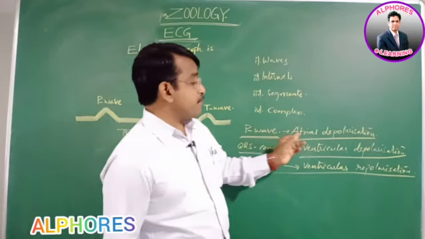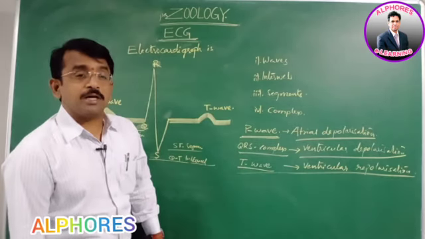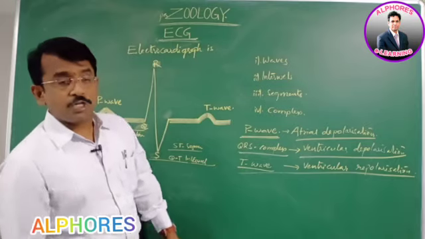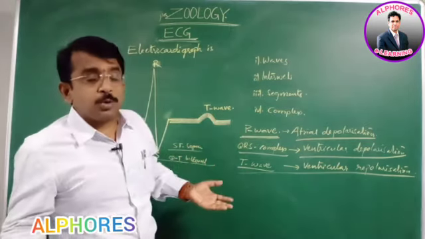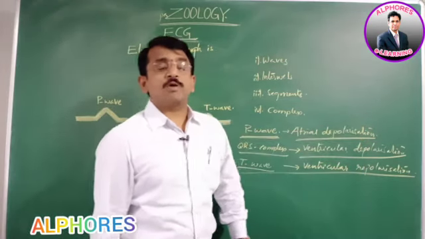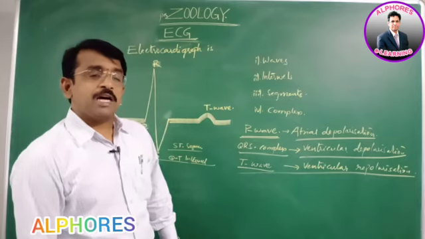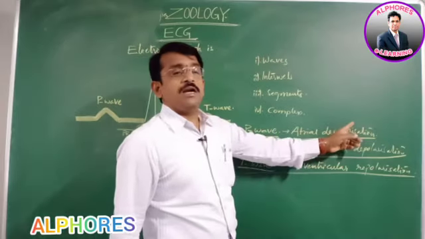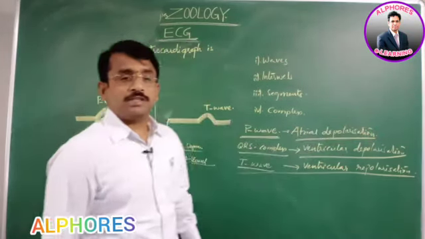So P wave refers to atrial depolarization. Depolarization means disturbing the already existing polarity, which means they are in a relaxed condition which is made to contract. That is atrial depolarization. It is because of the action potential generated by SAN that causes the contraction of the two atria. So P wave indicates atrial depolarization.